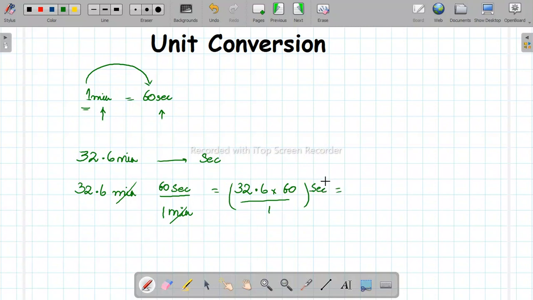Let's just put these values in your calculator and see what the final answer would be. 32.6 multiplied with 60 gives you 1956 seconds. This means 32.6 minutes equals 1956 seconds.